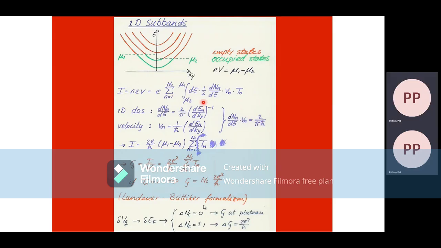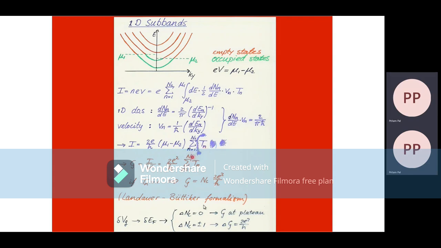Because when you sum up over all these subbands, what you get is that the current is proportional to 2e² over h times voltage. And if your subbands have finite transmission, you have to add up all the transmissions of all the subbands.